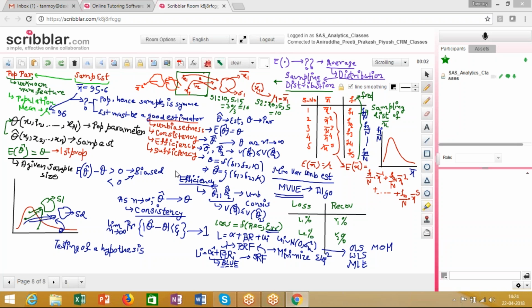So this is what we had seen in the last class. And we had discussed the different kinds of estimation algorithms like ordinary least square estimation, weighted least square estimation, maximum likelihood estimation, method of moments. All these are used to derive appropriate estimators for a given distribution, right?